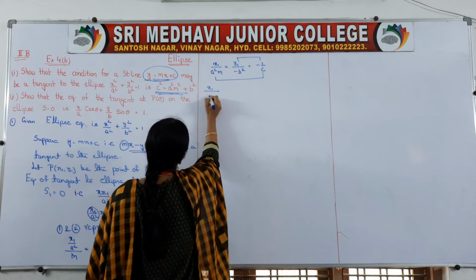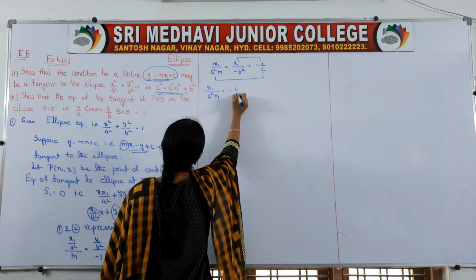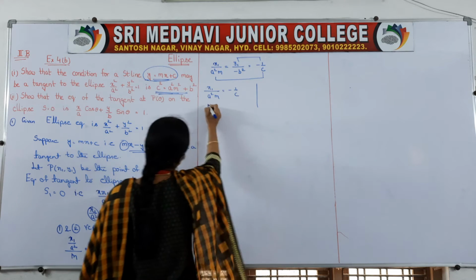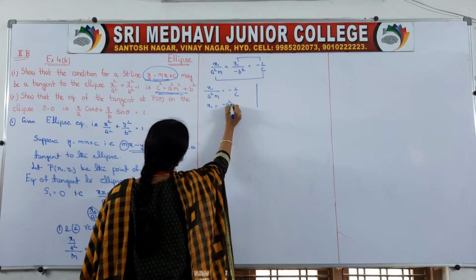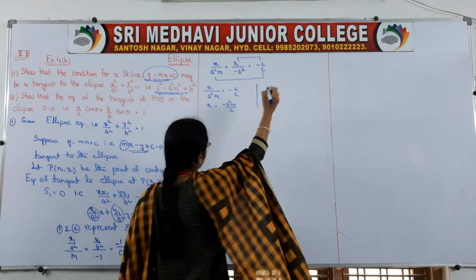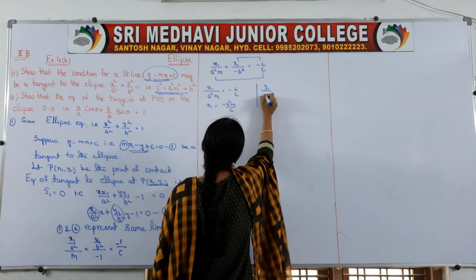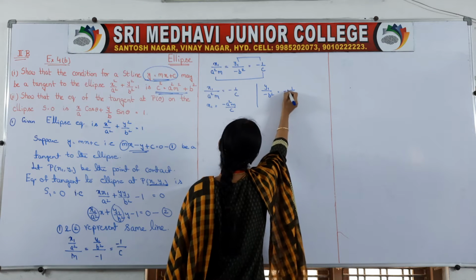So x1 by a square m is equal to minus 1 by c. So what is x1? x1 is equal to minus a square m by c. Similarly, y1 by minus b square is equal to minus 1 by c.